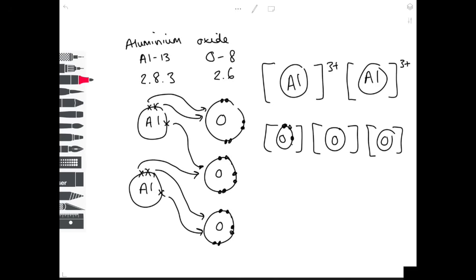Let's show their outer electrons. So basically they're clones of each other, they're all the same. And each oxygen gained 2 electrons, which is why their net charge is 2-. So actually the formula of aluminium oxide, as we can see, is Al2O3.